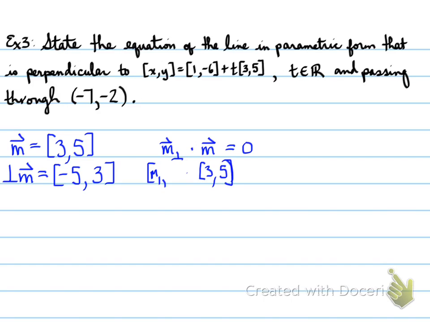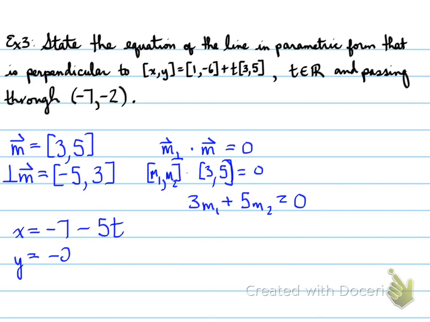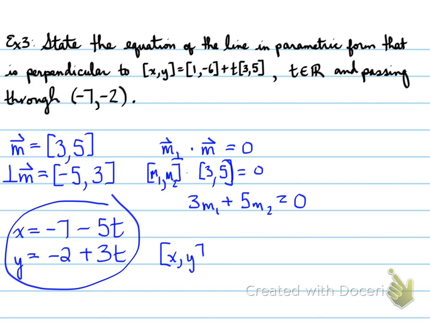And don't forget, if you want to check it, remember that the dot product of two vectors that are perpendicular is 0. So we can take the dot product and check that it equals 0. Ultimately, what we have to do now is find the equation.